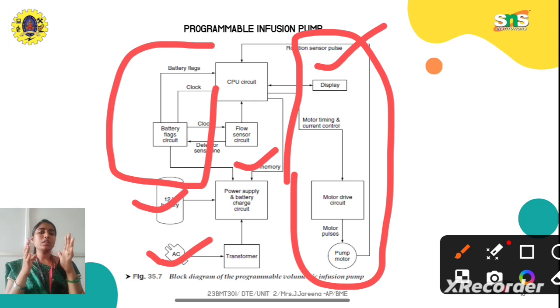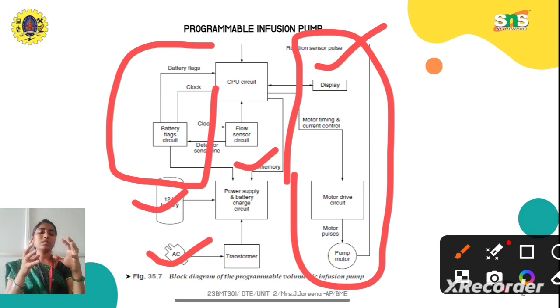So the CPU unit is the common unit which collects information from all the sensors. For example, to control the motor rotation you use the rotation sensor, which senses the motor rotation values and gives them to the CPU. If there is any battery flag, that signal is also sent to the CPU. If there are flow variations, or normal flow, that status is also sent to the CPU.